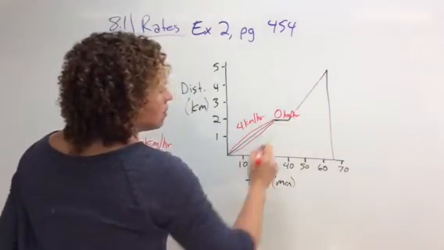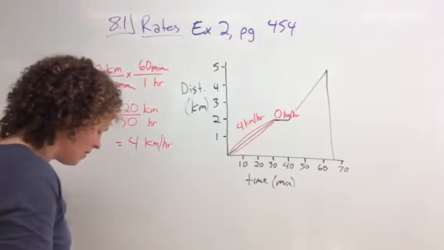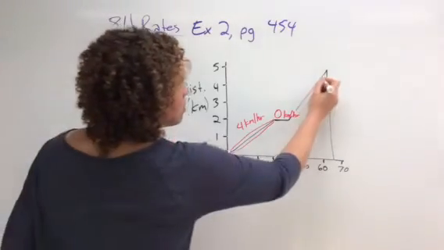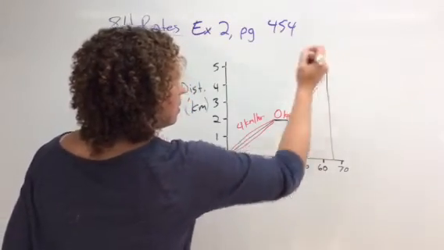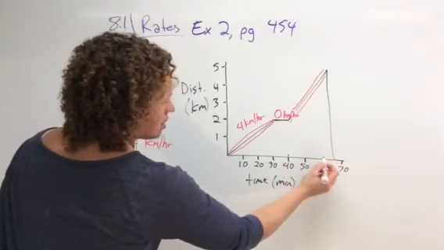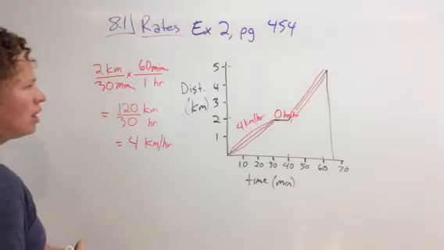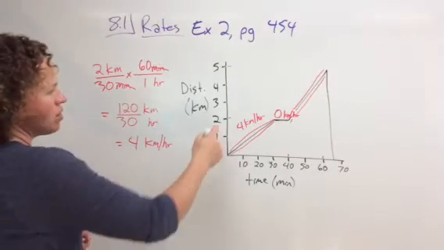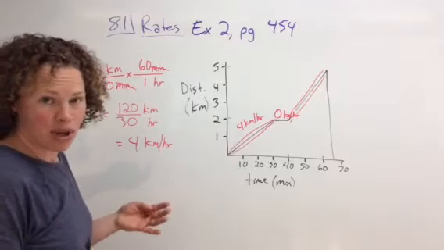So the next section of the graph goes here, and we can see that it changes from 40 to 60 here and from 2 to 5 here. So you can count it, you just go 1, 2, 3, but the technical way to do it would be to subtract them.